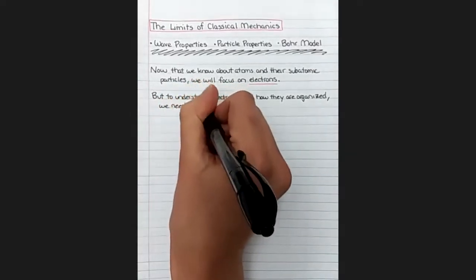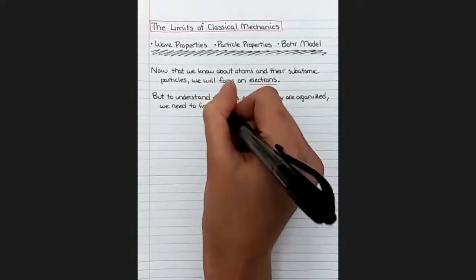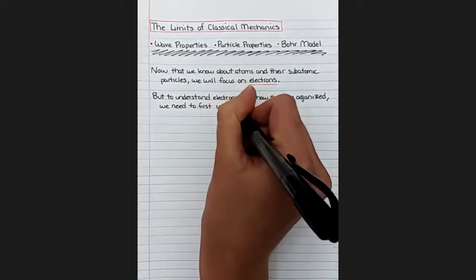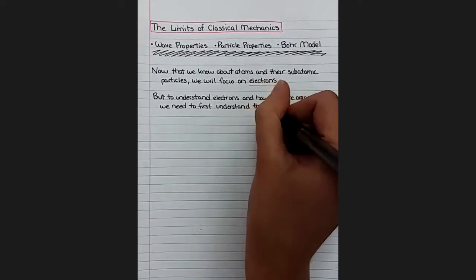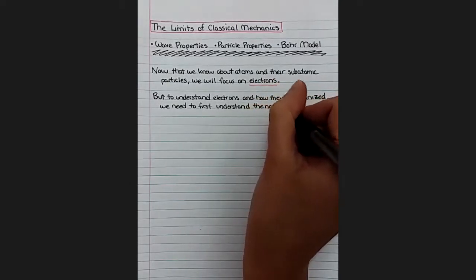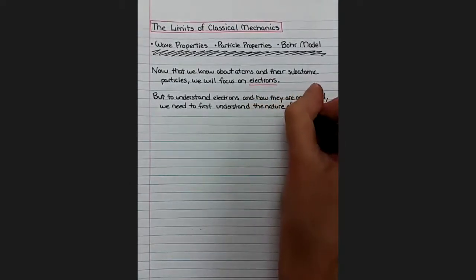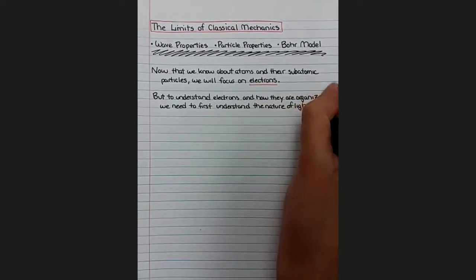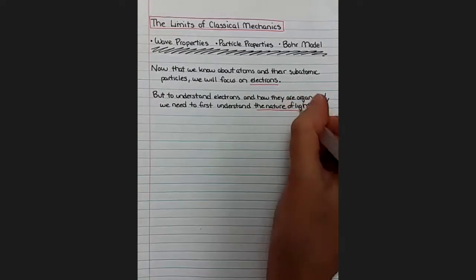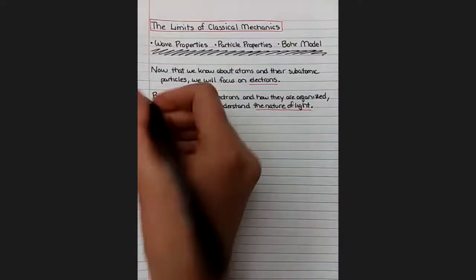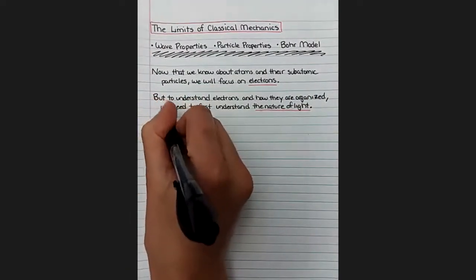We need to first understand the nature of light. And I promise this will make sense very soon why we're talking about this. So we need to talk about light.